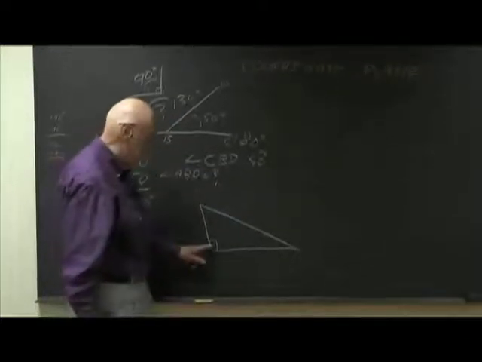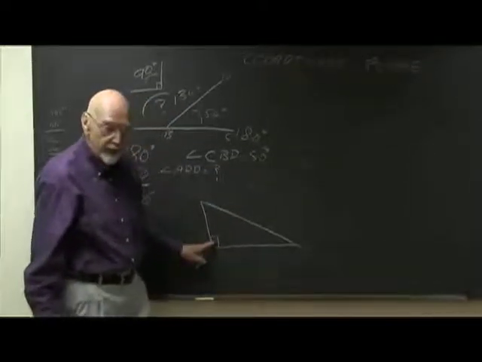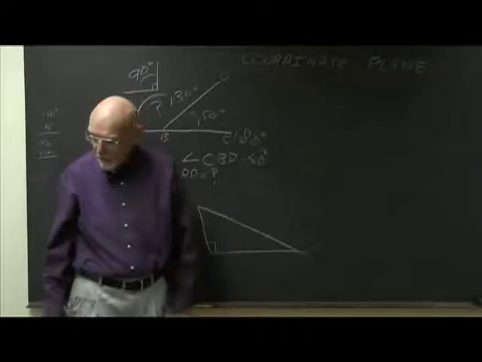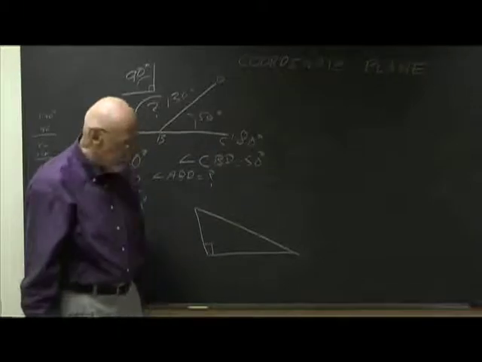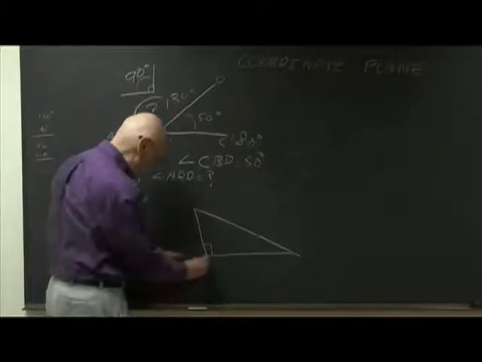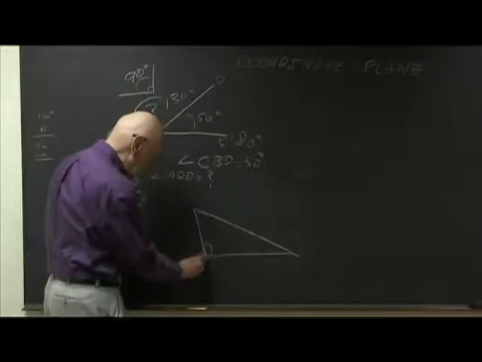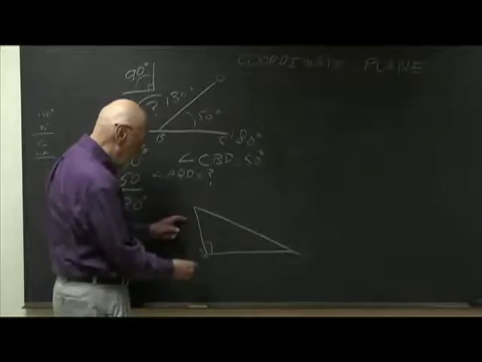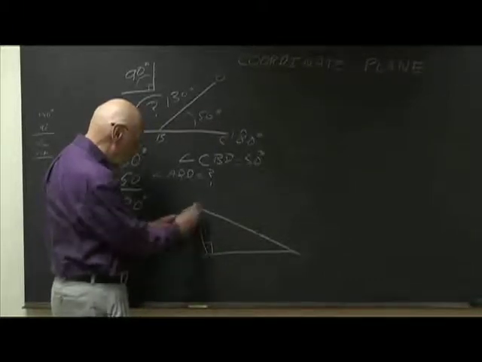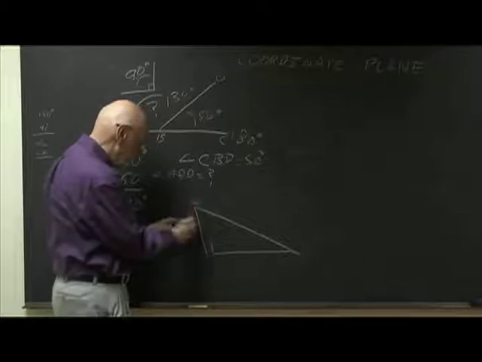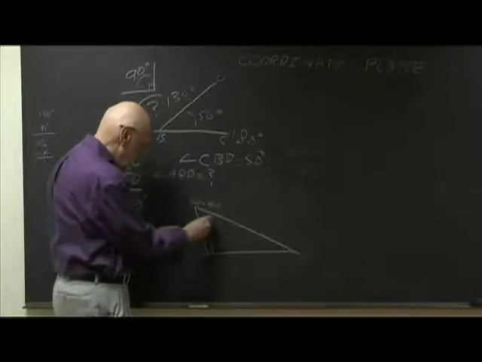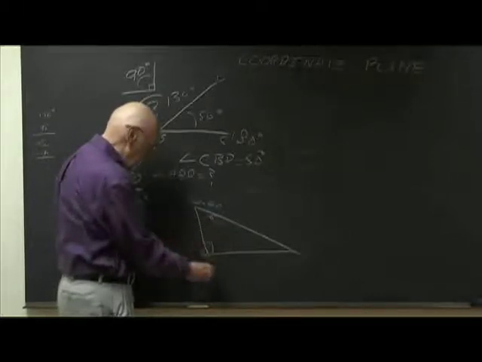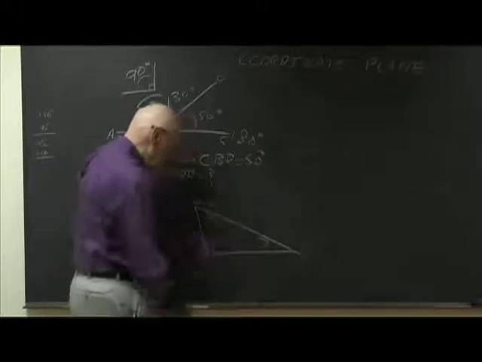You know that's a 90-degree angle. And they will tell you one other angle for that triangle. They might say, this is angle A, this is angle B, and it's 60 degrees, and ask you this one.